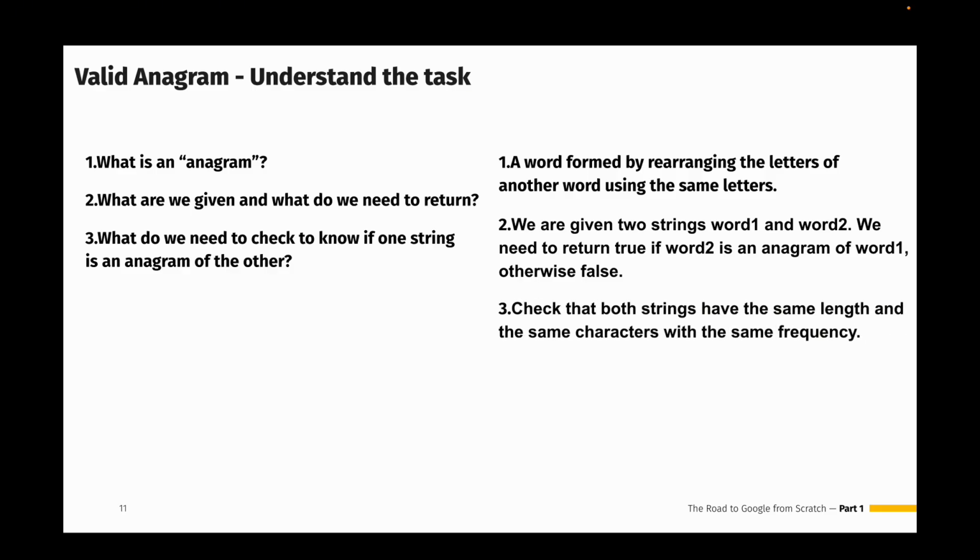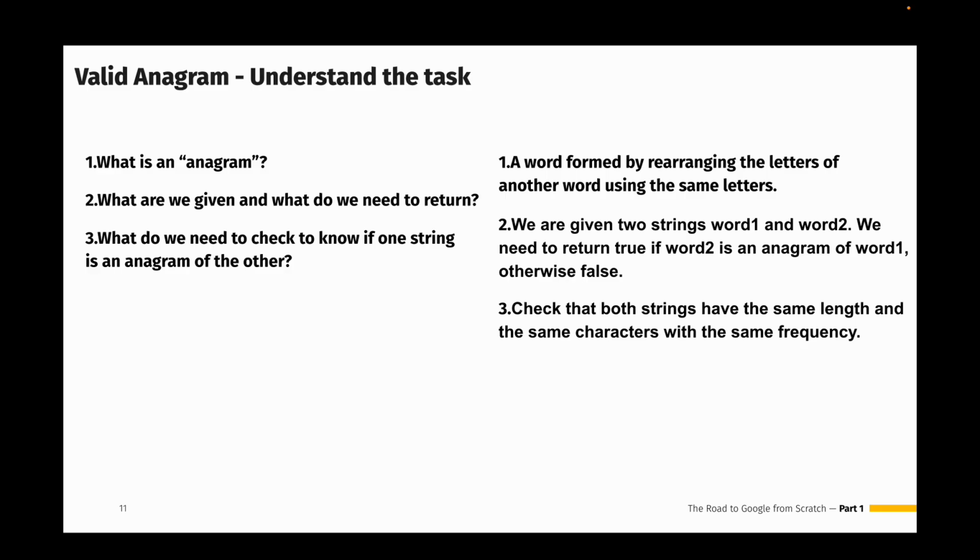A word formed by rearranging the letters of another word using the same letters. What are we given and what do we need to return? We are given two strings, word1 and word2. We need to return true if word2 is an anagram of word1, otherwise false.